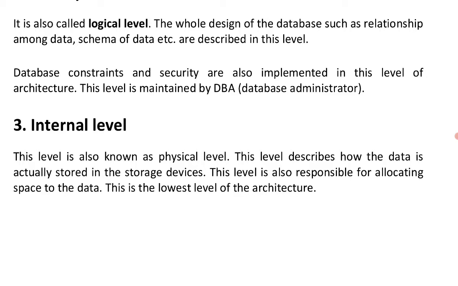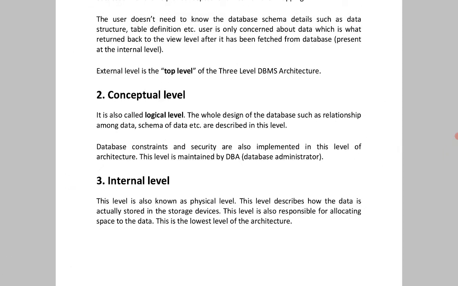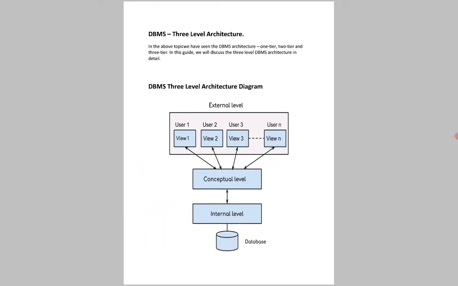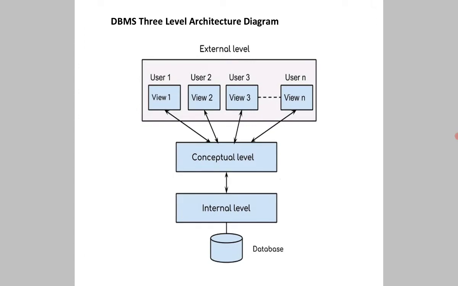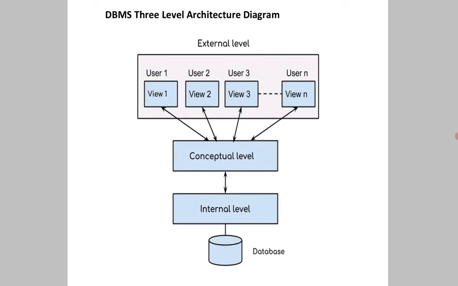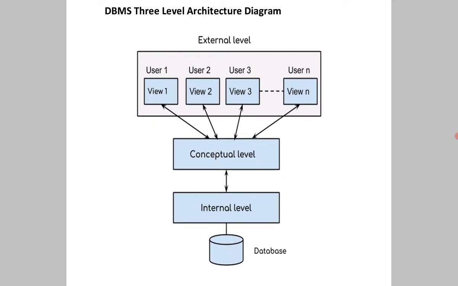This level describes how the data is actually stored in the storage devices. This level is also responsible for allocating space to the data. This is the lowest level of the architecture. So the third level is the internal level or internal view or physical level. So there are three views or three levels of database.